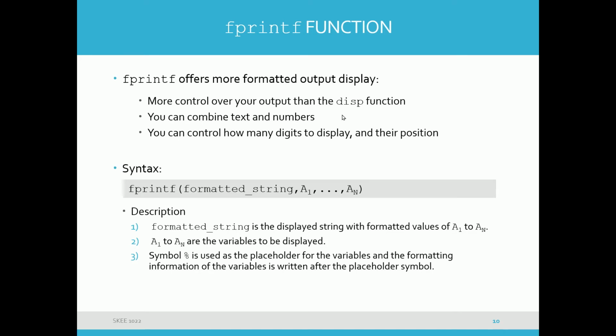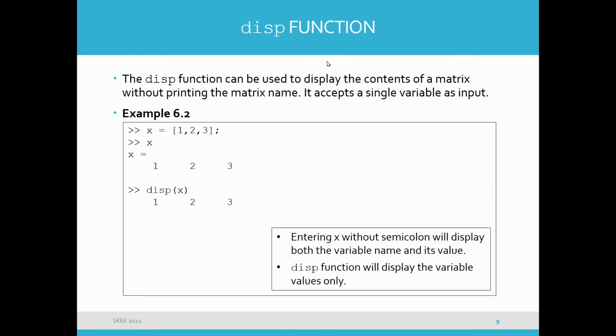But the fprintf function is a little more tricky, but it offers more formatted output display. So you can control the output like I said before, and you can combine text and number easily. For the display function, usually you have to put an open bracket, your text, close bracket, and then you have to convert the number to string.